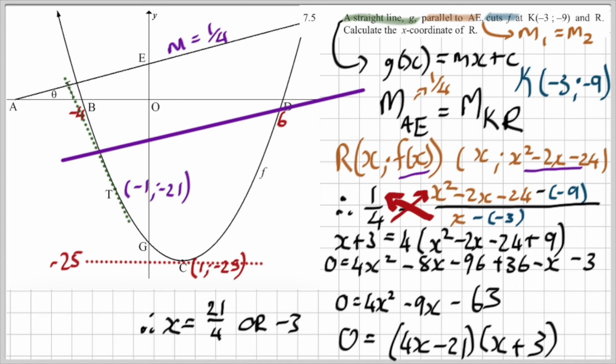Yes, it should be, because it says that's where the 2 graphs intersect. So automatically, I know that this is where the 2 graphs are going to intersect. So, in other words, x can't be negative 3. Therefore, x is 21 over 4.